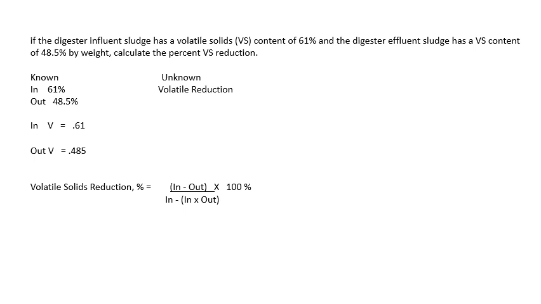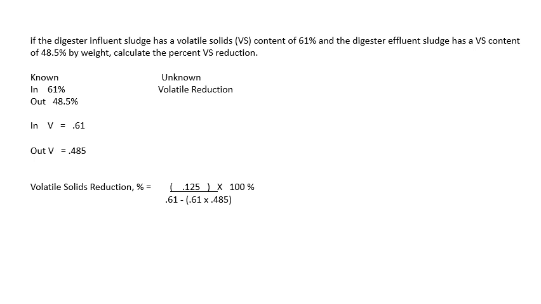So we're going to plug those into our formula. So the in of 0.61 minus the out of 0.485 divided by the in of 0.61 minus the in of 0.61 times the out of 0.485. So again, seeing we're using dumb calculators, we're going to have to solve for each portion of this separately. So 0.61 minus 0.485, and you get 0.125.